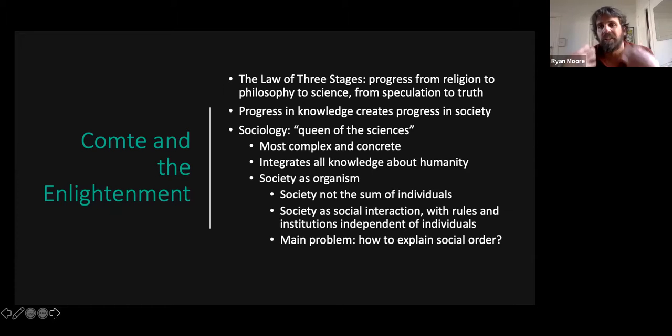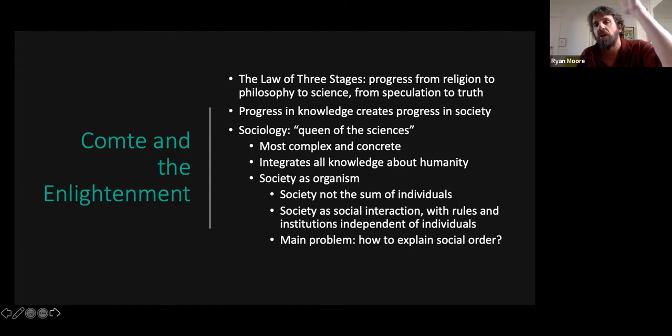These are things he's clearly internalized from the Enlightenment, and then he comes to apply them to sociology, which he pronounces the queen of all the sciences. He imagines that sociology will be the most perfect form of scientific knowledge, because it'll accumulate all these insights and data and hypotheses and conclusions from all these other disparate forms of knowledge, right?